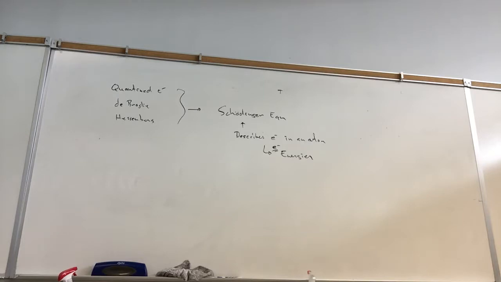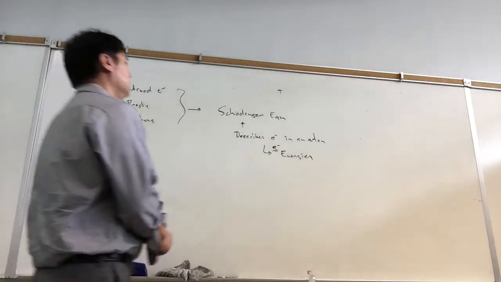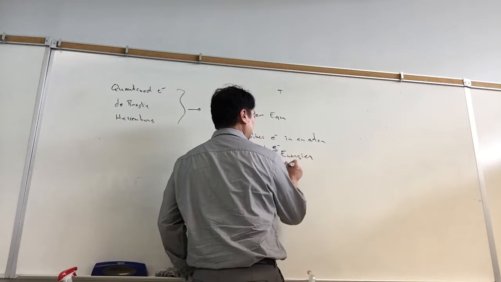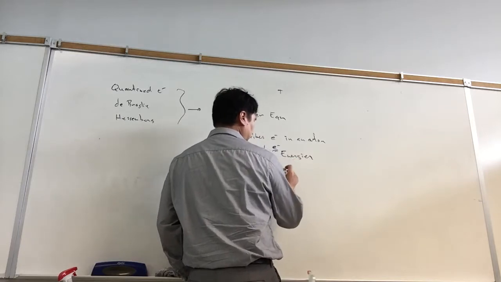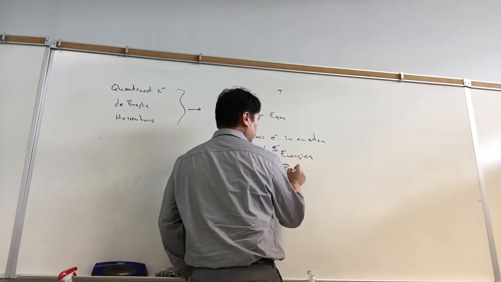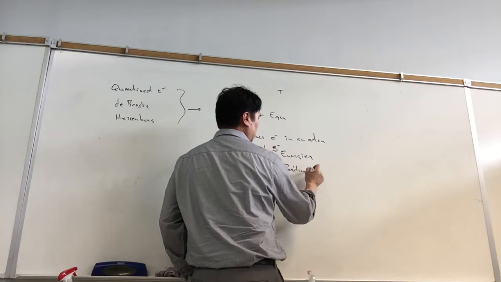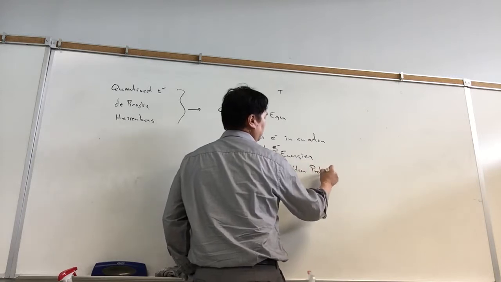This E is the energy for the electron. And we also want the position of the electron. But the position of the electron is not going to be pinpointed. The position of the electron is going to be given by a probability function. And so electron energies and position probabilities.